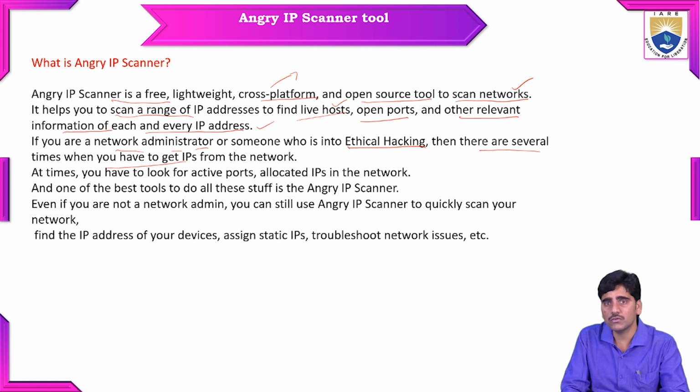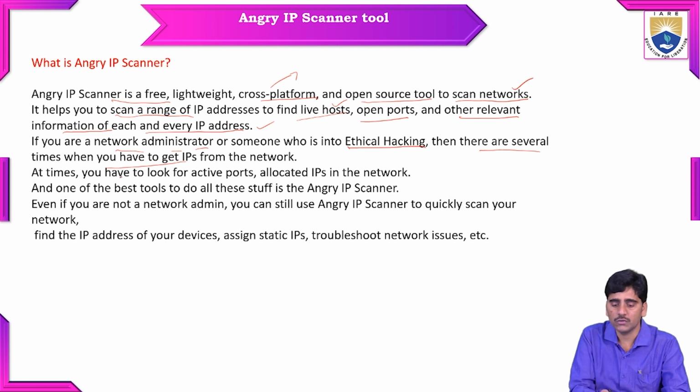At that moment we have to scan each and every IP, to see where the actual IP address is coming from, what it is coming to achieve, and for what purpose that IP address is coming to this network. To get all the details of the range of IP addresses, we use this IP scanner tool.